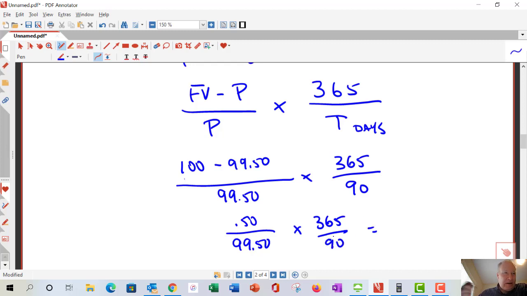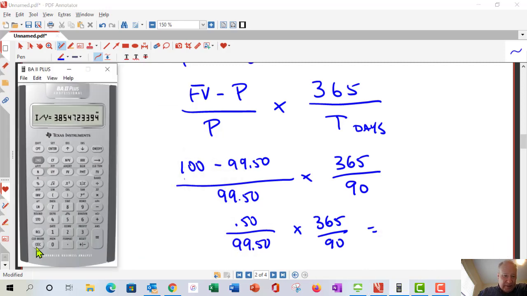And this will give me the equivalent of an annual yield, or annual return, on this Treasury bill. All right, so let's have a look at that. So we got 50 cents. We're going to pay $99.50, and in 90 days we're going to get 100. So 50 cents is the discount there.